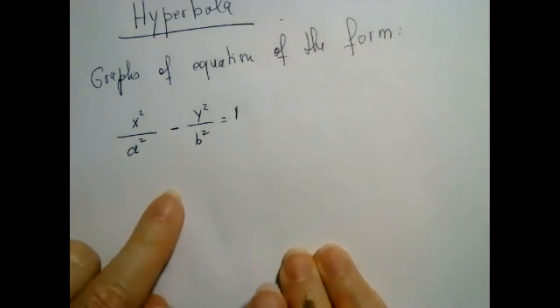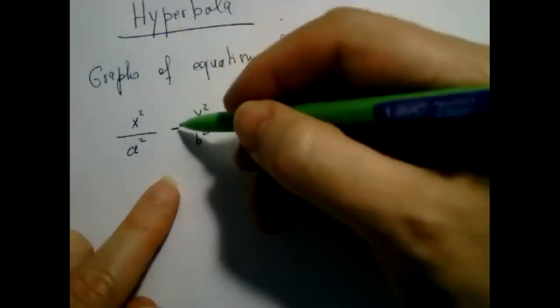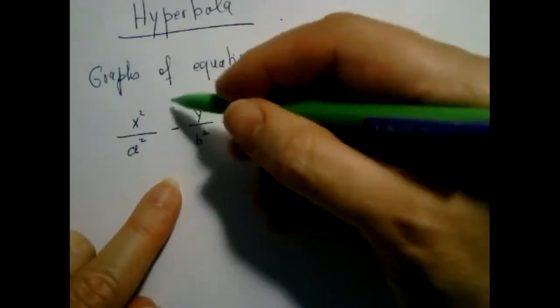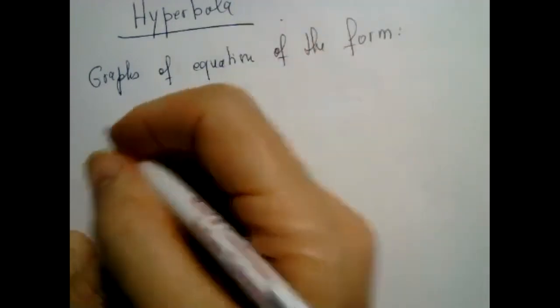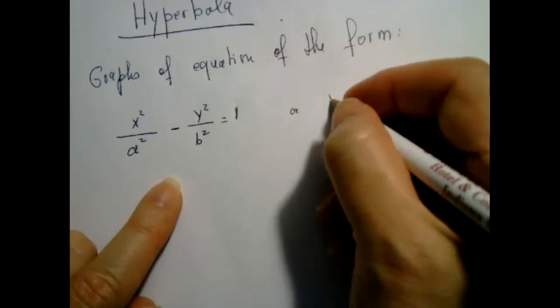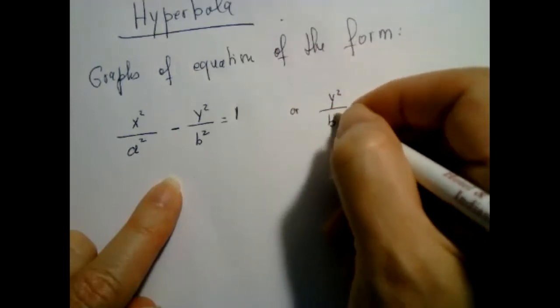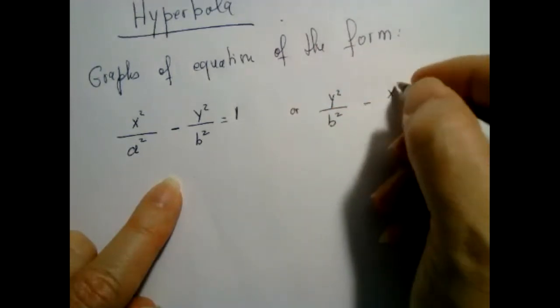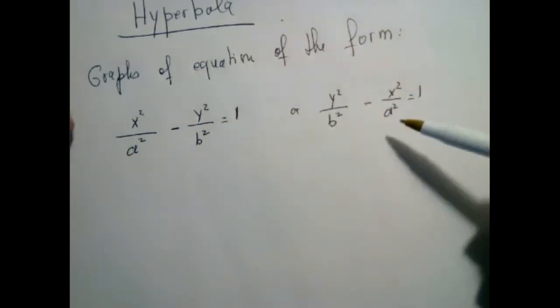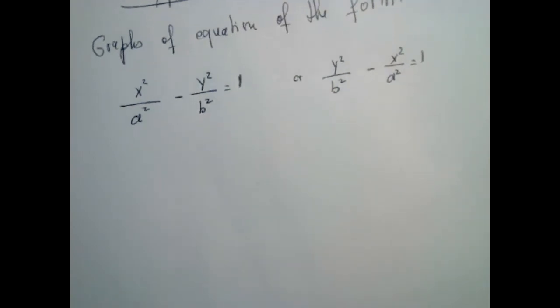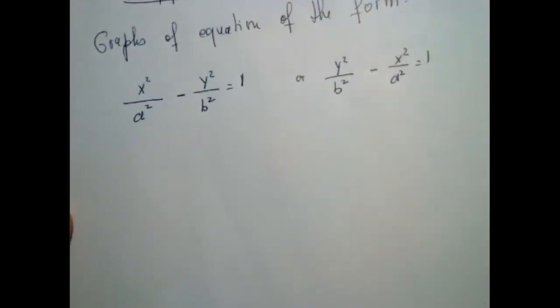Now immediately I contrast it with an ellipse. For the ellipse, this is a plus; the hyperbola is going to be a minus. Or instead of starting with x squared, something like y squared over b squared minus x squared over a squared equal to 1. So they are graphs of equations of the following form. Now how the graph looks like, I will tell you.